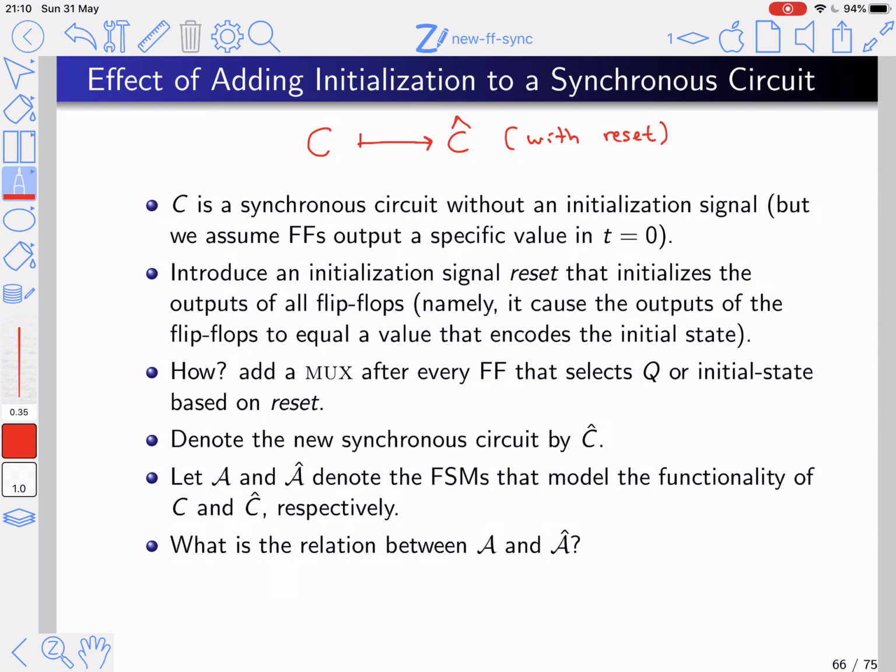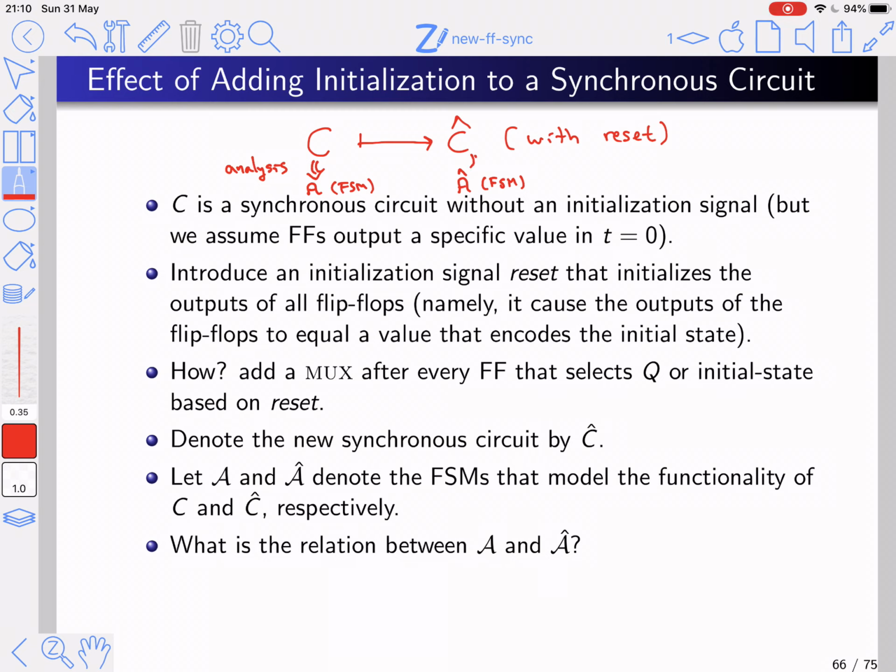And now what we do is we perform analysis to C. We call the finite state machine which corresponds to C, A. So this is an FSM. We could also analyze C hat, and we will have our finite state machine A hat, which corresponds to C hat.